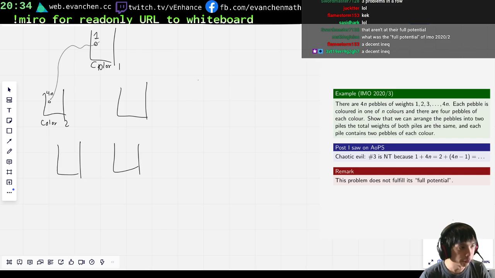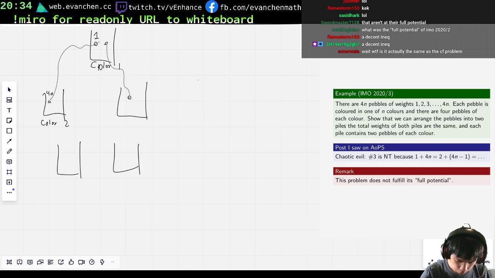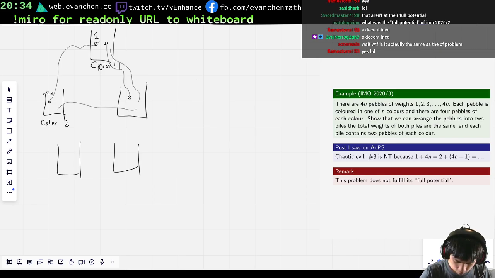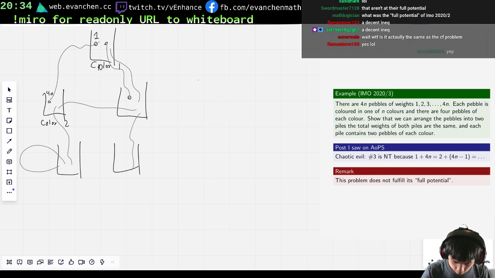Should do 1 to 4n. And then you do the same, and then what you get is a graph. And maybe there's another one. Oh no, that has an extra edge.